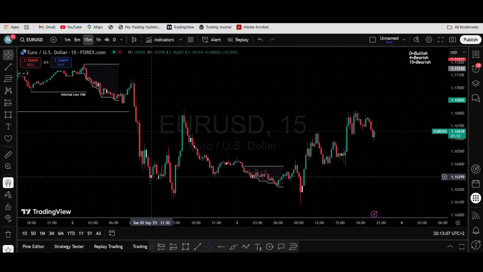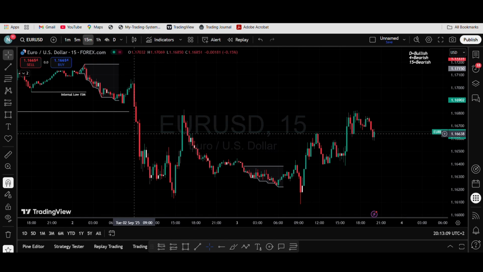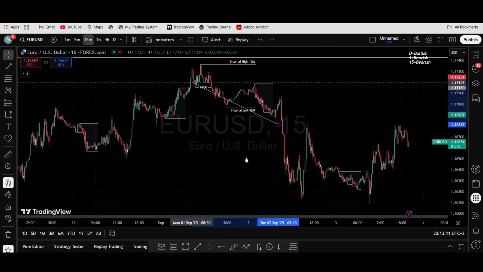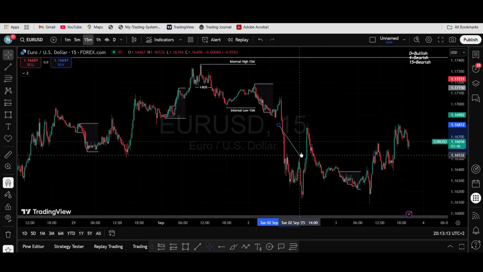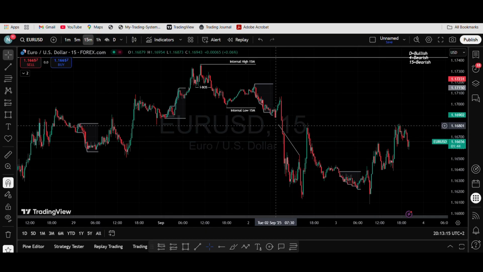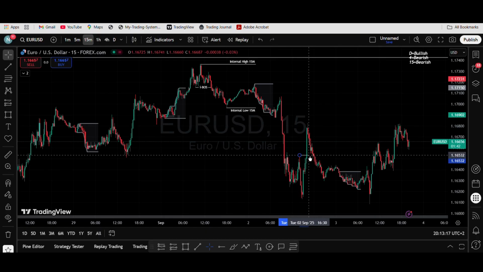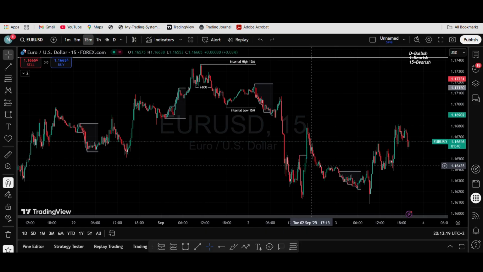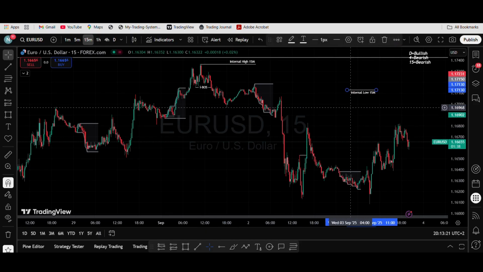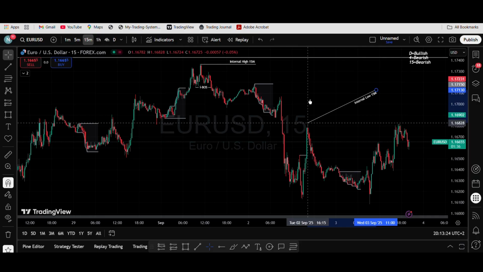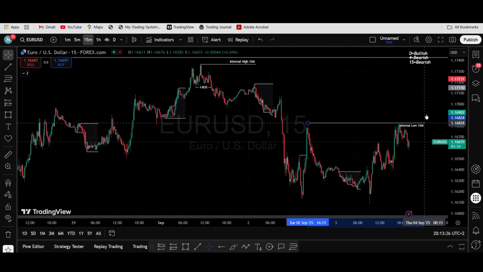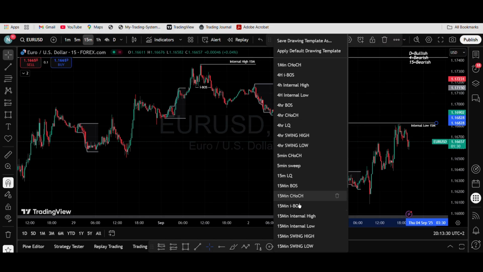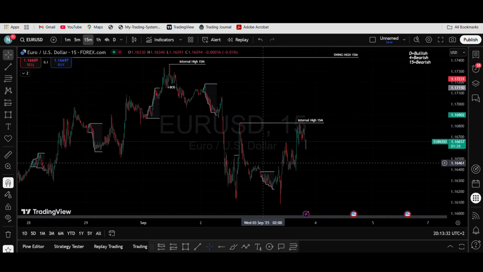You know, had that boom switch up actually right there. You would have had it switch internally bullish right there, and then this would be the internal high. Internal high right there.